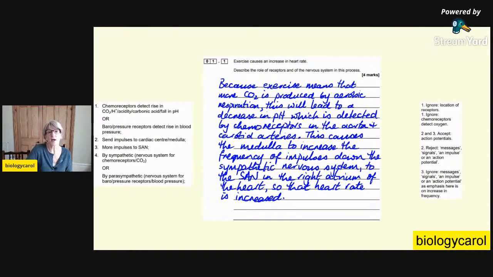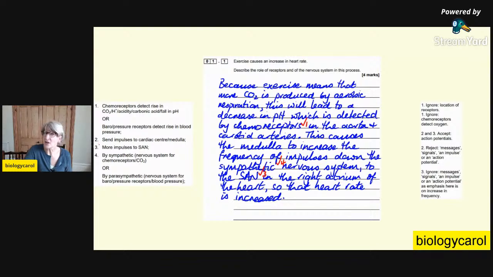And this is where I got the marks. And notice that I number my marks according to the numbers of the mark points on the mark scheme. So you can see exactly where I achieved the mark. So I got mark points 1 and 4, and I think I got another one. Yes, I got mark points 1, 3, and 4.